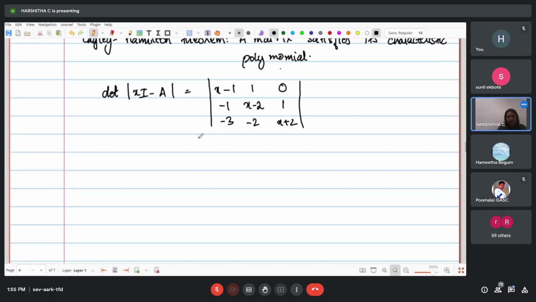And this is just computing the determinant. So this will be x minus 1 into, this into this minus this into this.